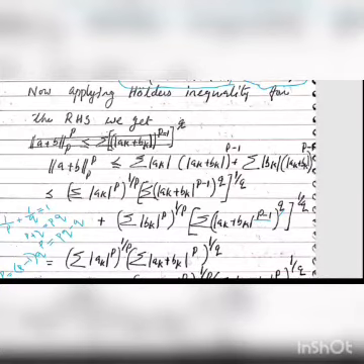So raised to p whole thing raised to 1 by q, and plus sigma mod bk raised to p whole thing raised to 1 by p into sigma mod ak plus bk raised to p whole thing raised to 1 by q. Next thing we are going to do is, in these two expressions this term is common, so we can take that outside.